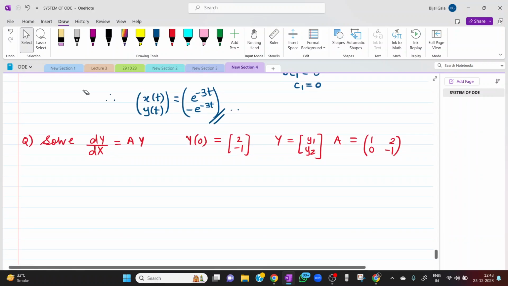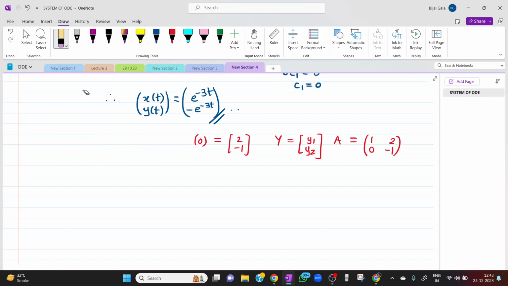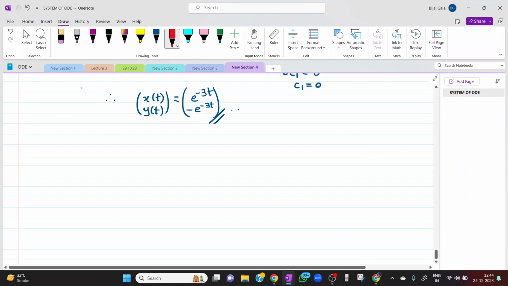So this was one of the repeat questions here. Fine. So I'll give you another one here. Try this. This does not have any initial condition, so your answers will be in C1, C2 only.